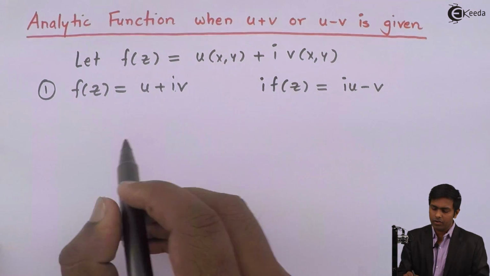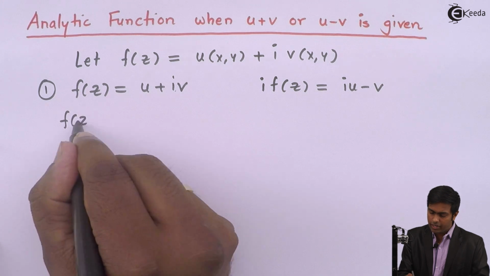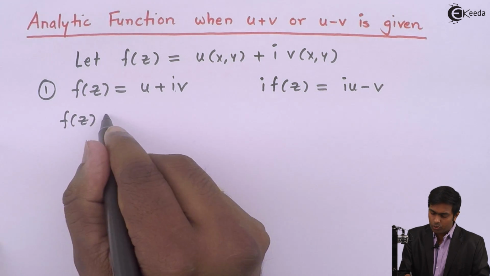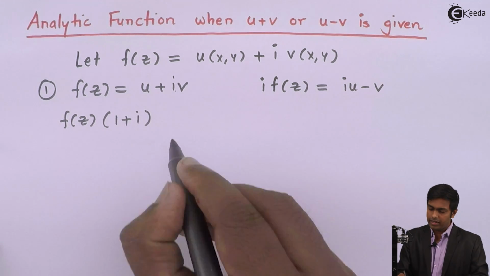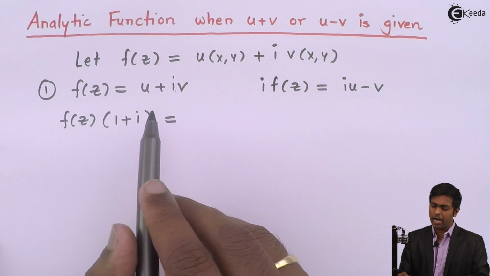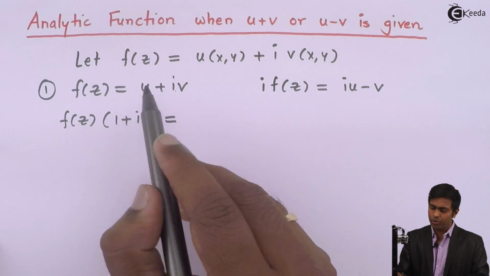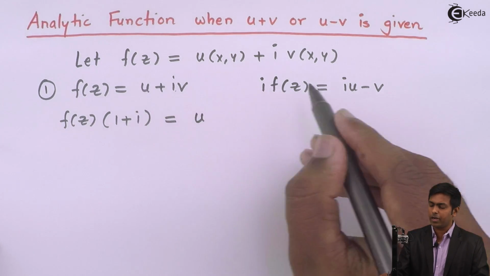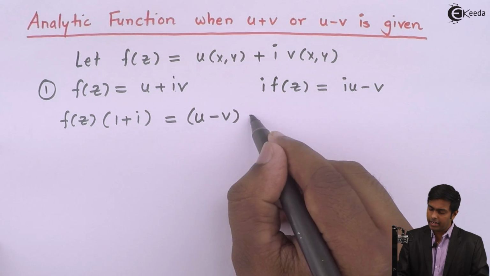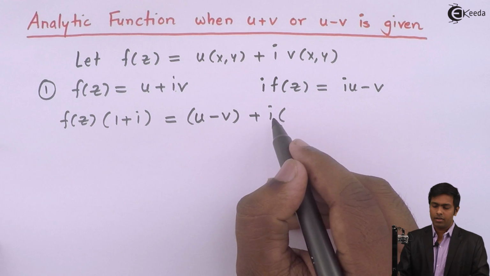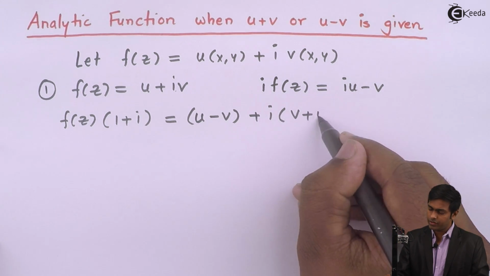By adding, we will get f of z into 1 plus i is equal to, adding the real part with real part, u minus v, and by taking imaginary i common, we will get i times v plus u.